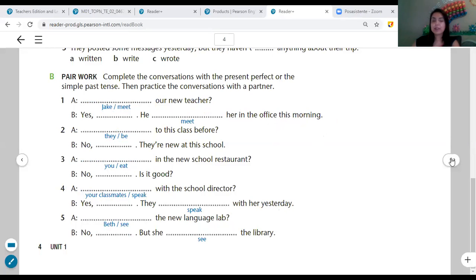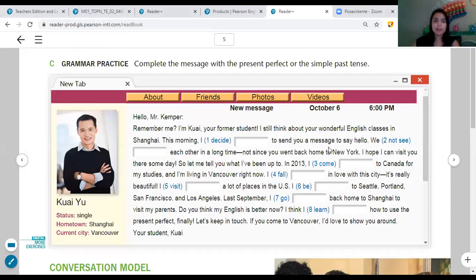Okay, and we flip to the next page, page 5. And it says, complete the message with the present perfect or simple past tense. Okay? So let's complete this.